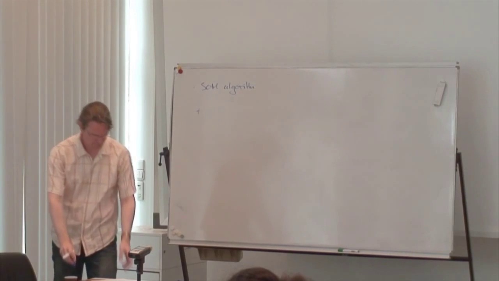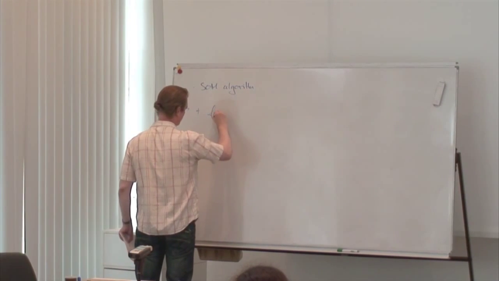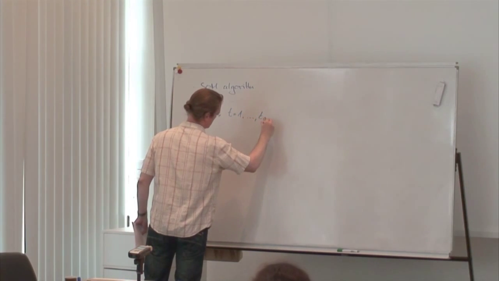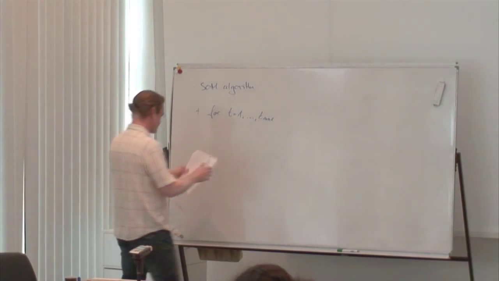And now, we have another for loop over, say, t equals 1 up to some t max, and that has to be chosen large again.